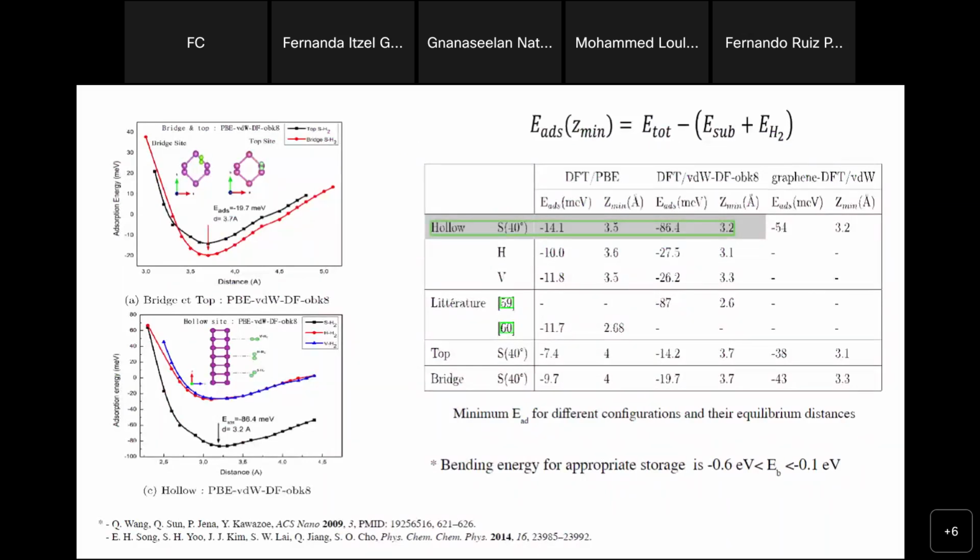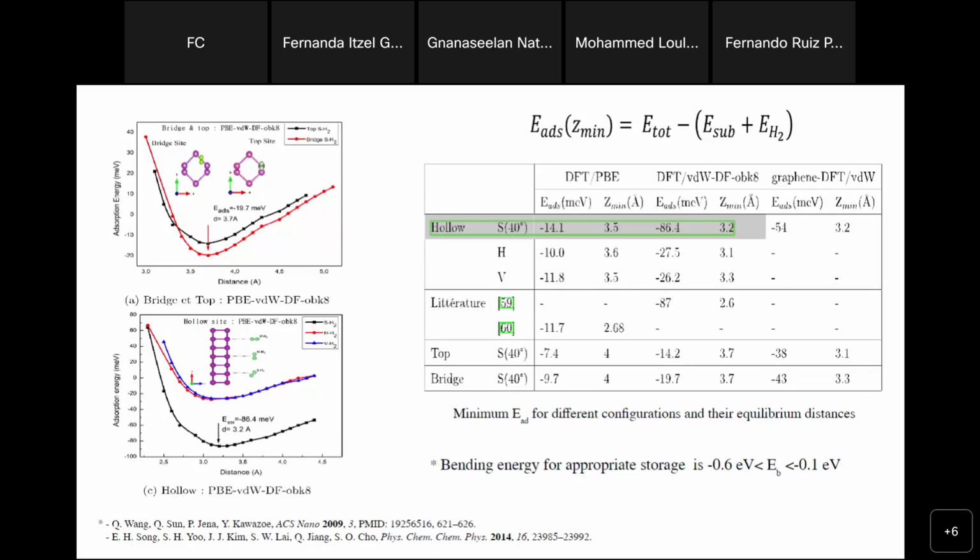The binding energy is calculated for the minimum distance as the total energy of the system, from which we subtract the energy of the substrate and the energy of hydrogen. As we see from this table, the obtained results show that the sloping orientation is the most stable orientation for all adsorbent sites, because we have the lower values of the adsorption energies.